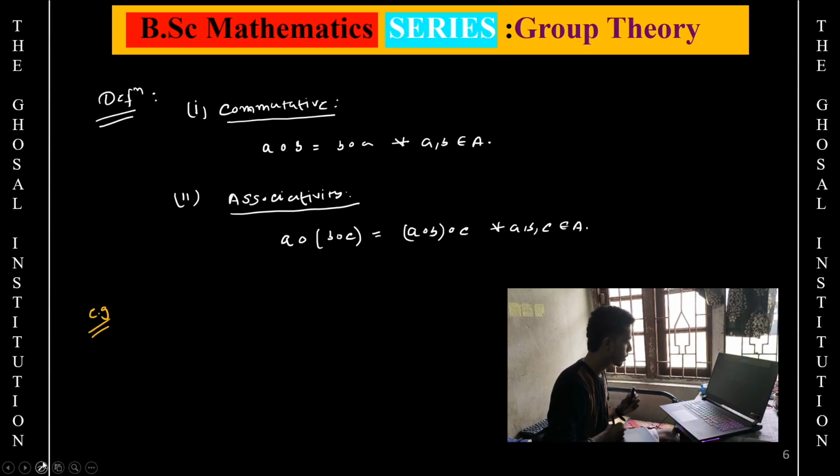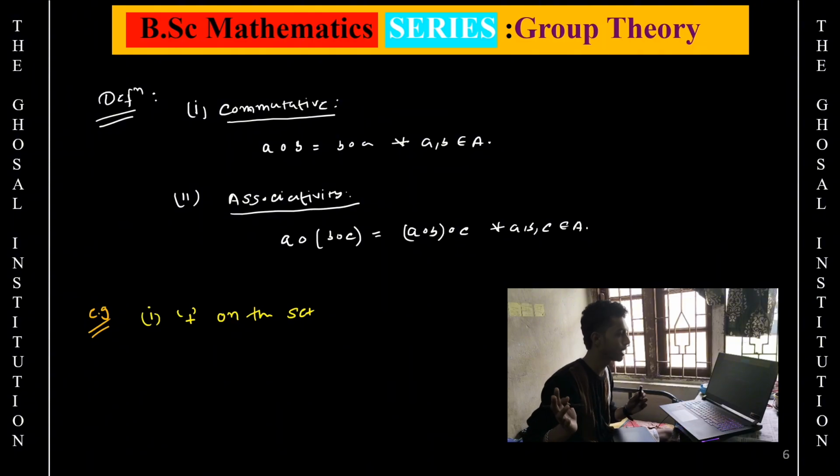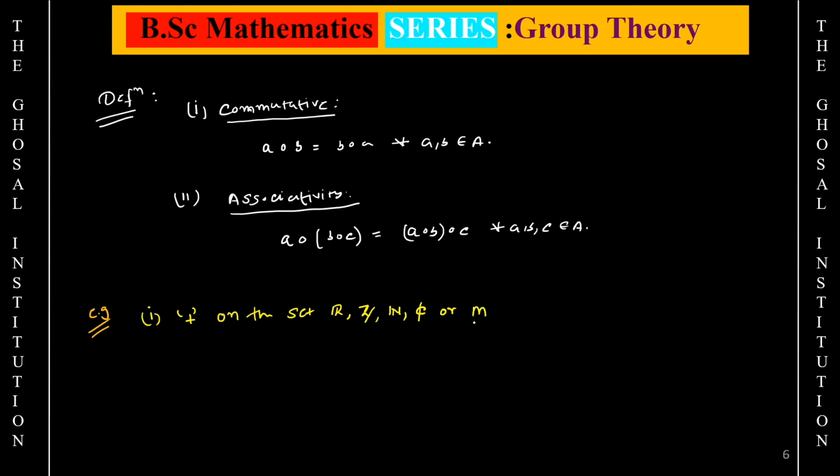Let's give some examples. The first example is very obvious: the addition symbol on any set, whether it is real numbers, integers, natural numbers, complex numbers, or matrices. Now you have to see the notation. For matrices we use M, and if the order is n cross n, we write M n cross n, with R underneath.